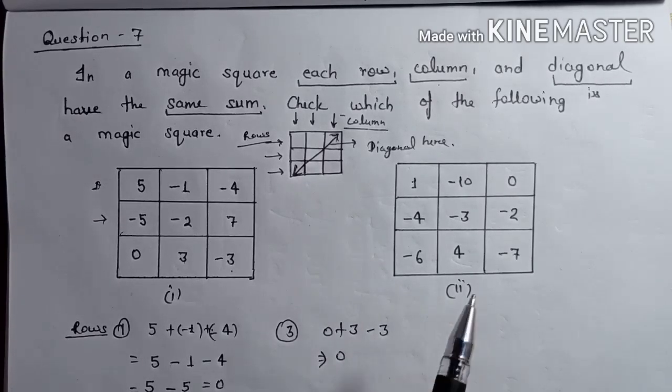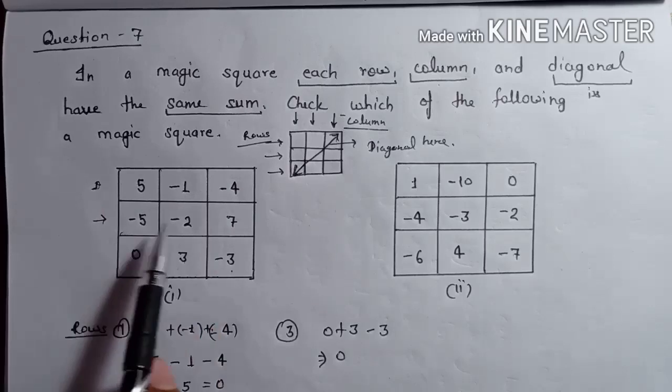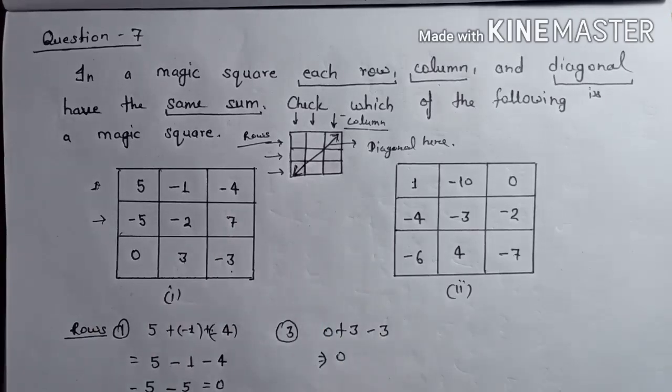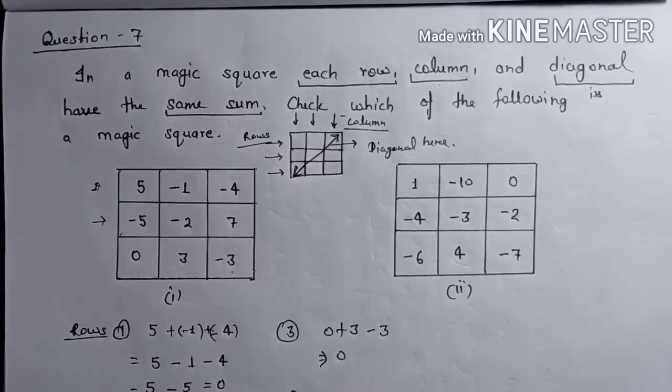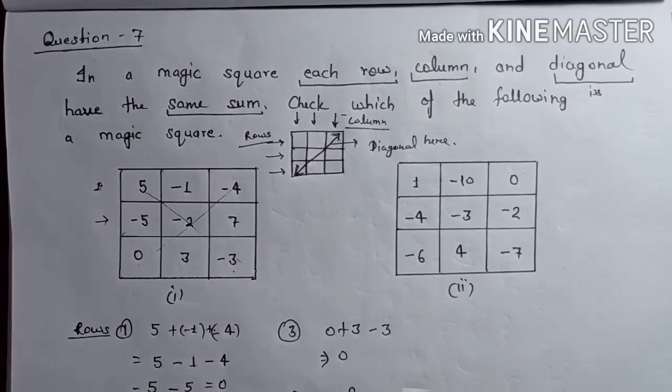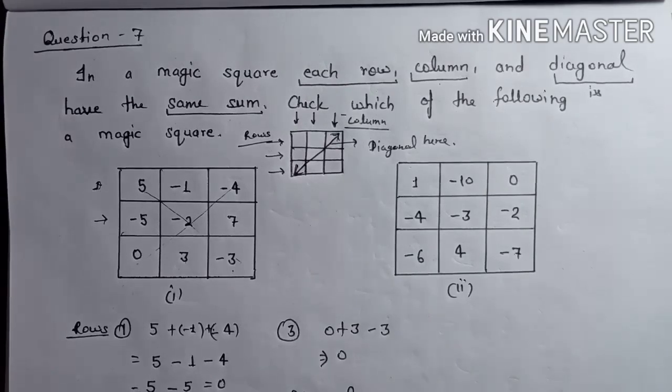And we can see that here the sums of rows are equal to each other. Let's check it for diagonals now. There are two diagonals, first and second. So diagonal first is this.